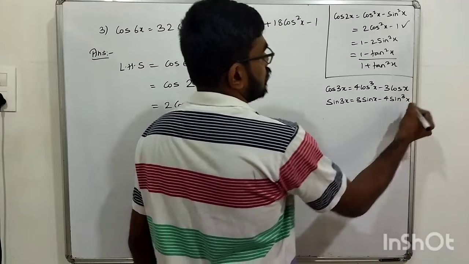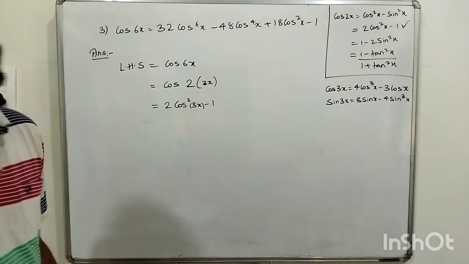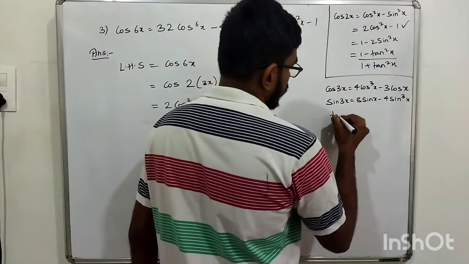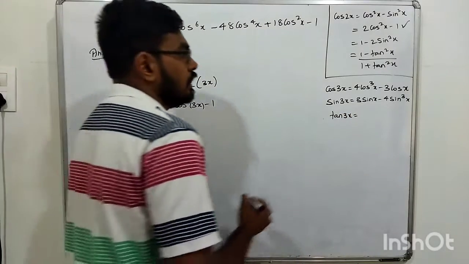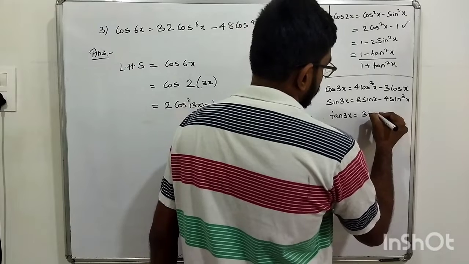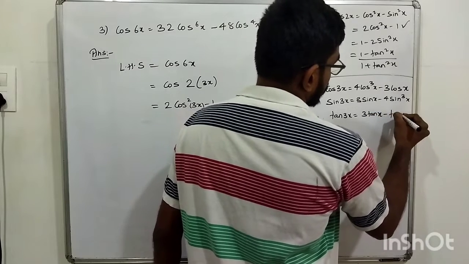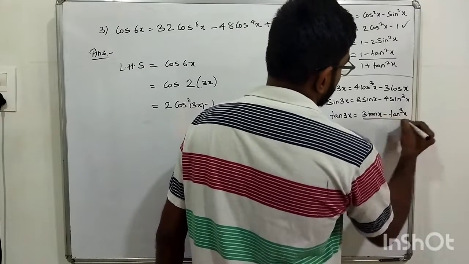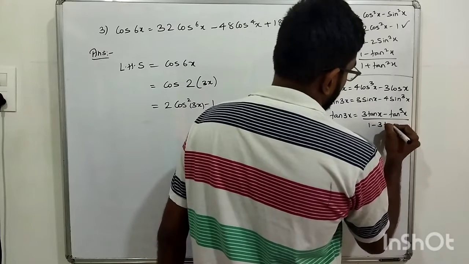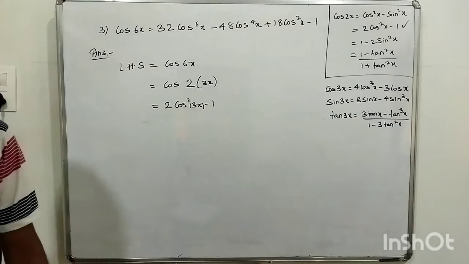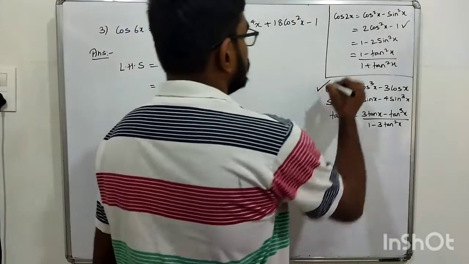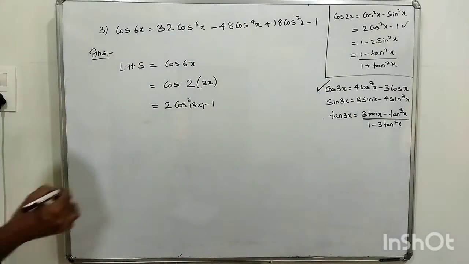Similarly, we have a formula for tan 3x: 3 tan x minus tan cube x upon 1 minus 3 tan square x. So these are all the formulas which we have derived in the previous class, out of which this is best here, correct? So we'll use that.